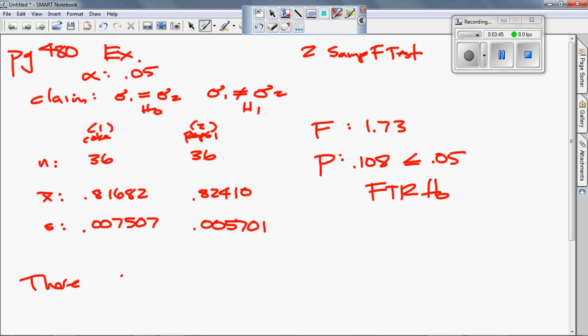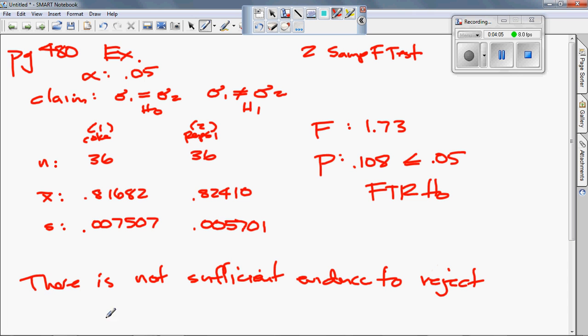There is not sufficient evidence to reject the claim. Our original claim is the null hypothesis, so we're going to write, reject the claim that, and restate the claim: the two standard deviations are the same.